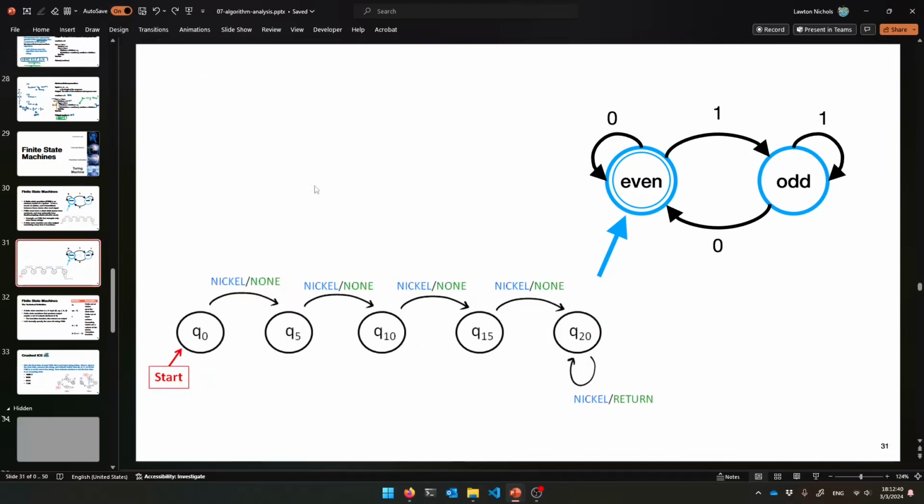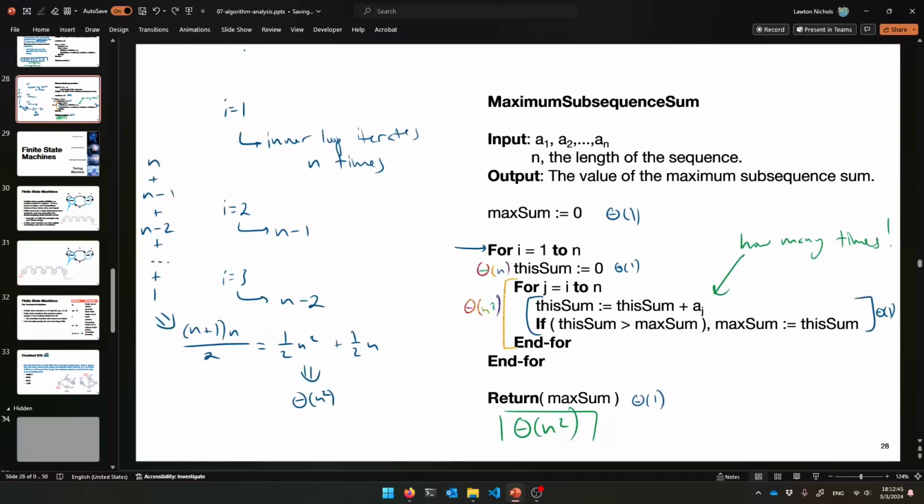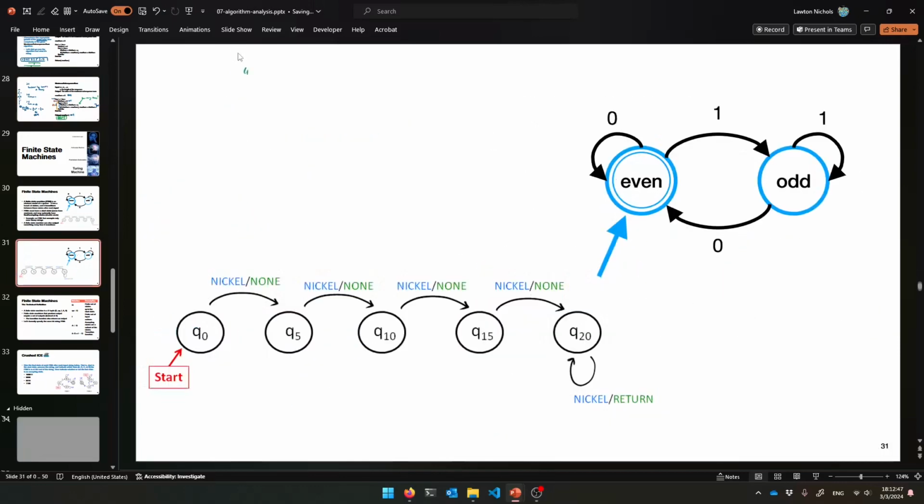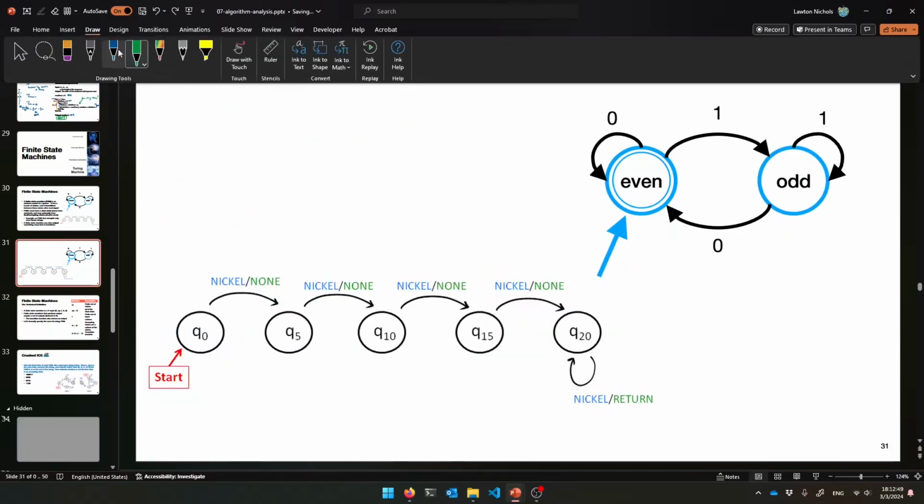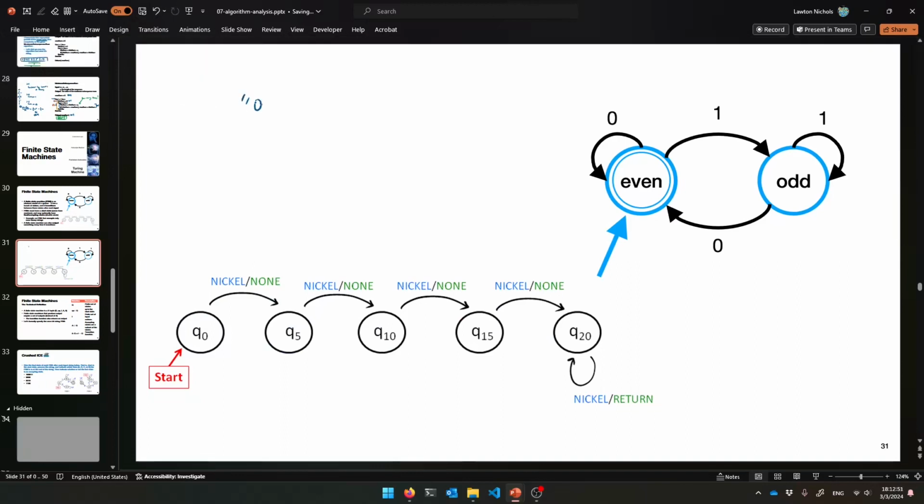So this one, if you feed it the binary string 0, 1, 0, you know that's 2 in binary, right? So this is the number 2. You feed it in order, and you start in the even state, by the way.